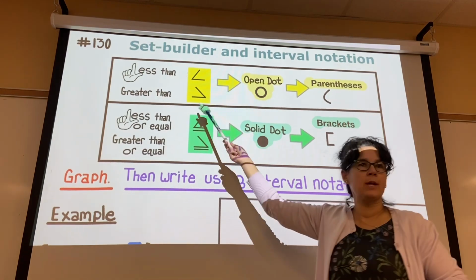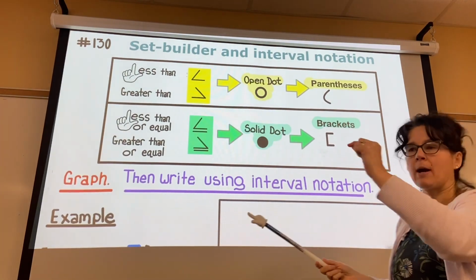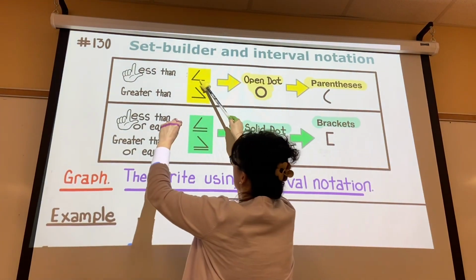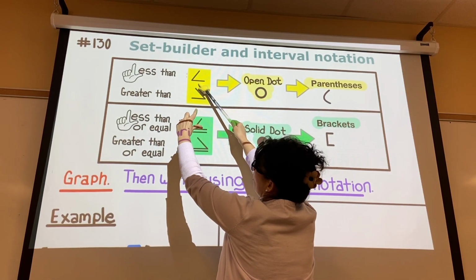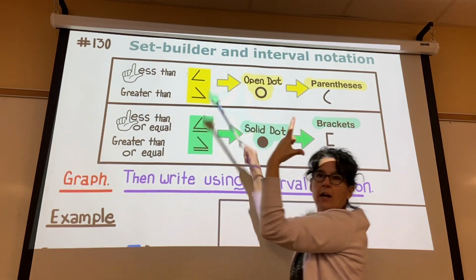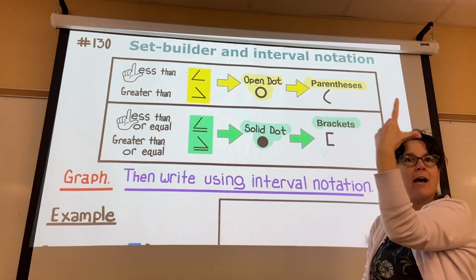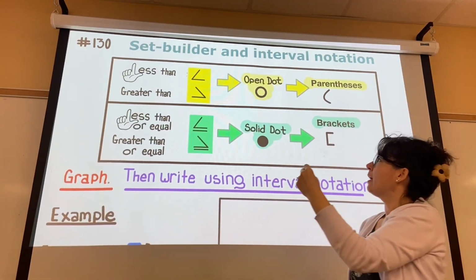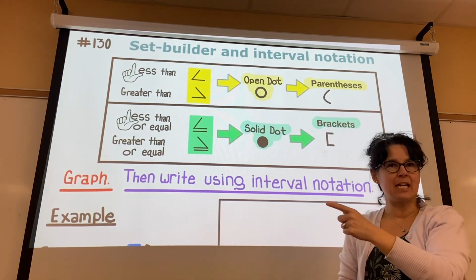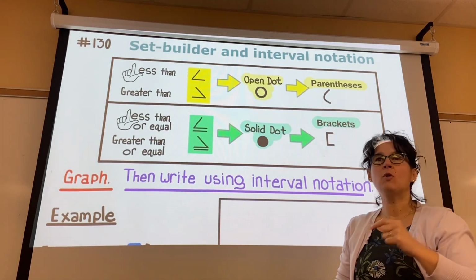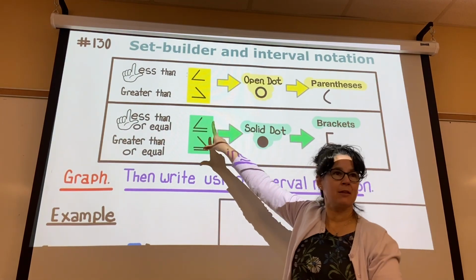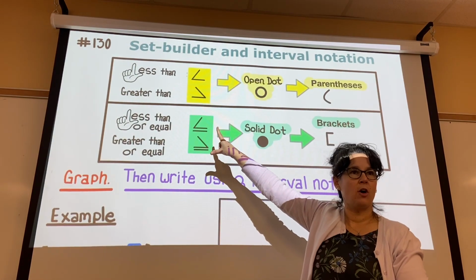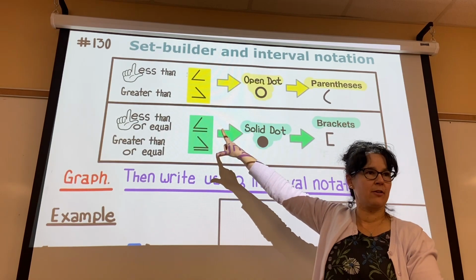When you're trying to read them, just a reminder: if you take this symbol and open it up, it looks like the letter L, and that helps you remember that it is less than. If you open up this one, it does not make the letter L, so by default, if it's not less than, then it's greater than.